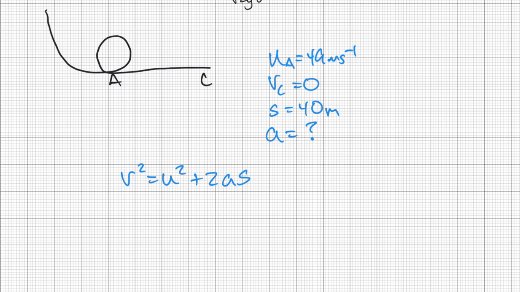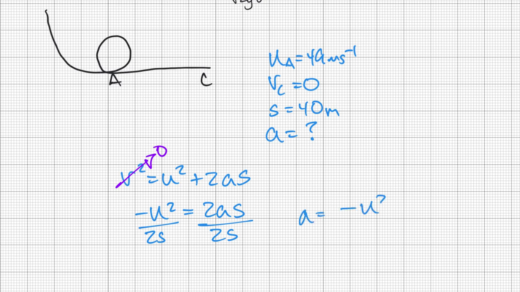So again, we're just trying to solve for acceleration. We know that my final velocity is 0. And so this becomes negative u squared equals 2as. So we're going to divide each side by 2s. So acceleration equals negative my initial velocity squared over 2 times my displacement. So negative 49 squared divided by 2 times 40.